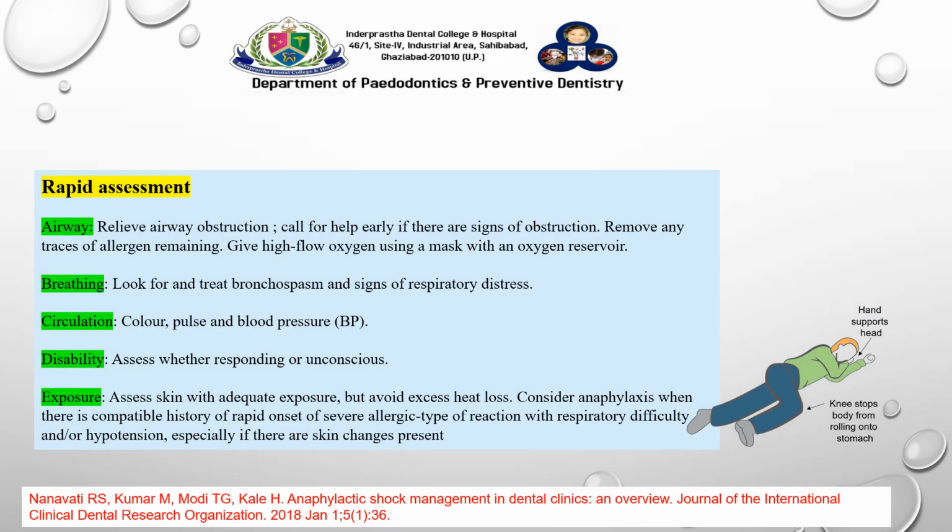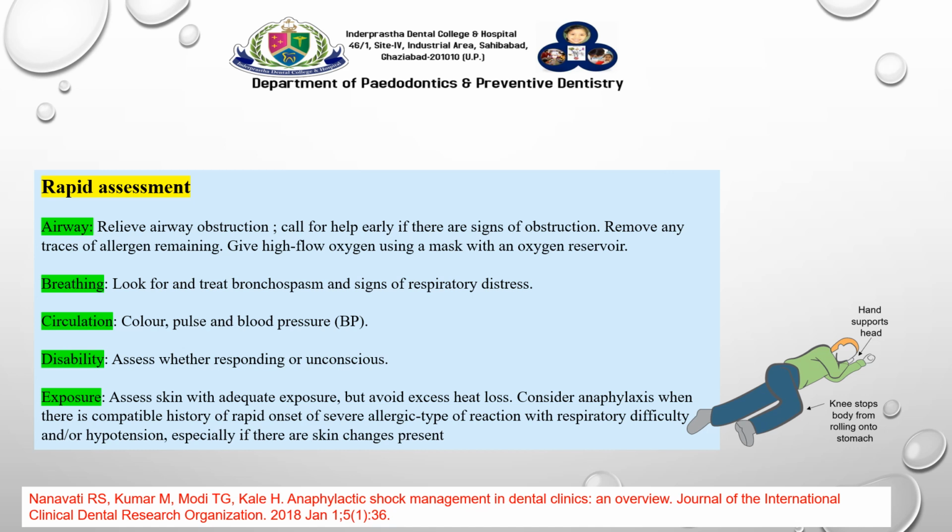Now we have come to a most important aspect, the clinical aspect. So first we will see how we will assess. First thing is ABCDE, that is airway, breathing, circulation, disability and exposure. First we need to check the airway if there is any kind of obstruction to the airway. Call for help immediately if there is any sign of obstruction.